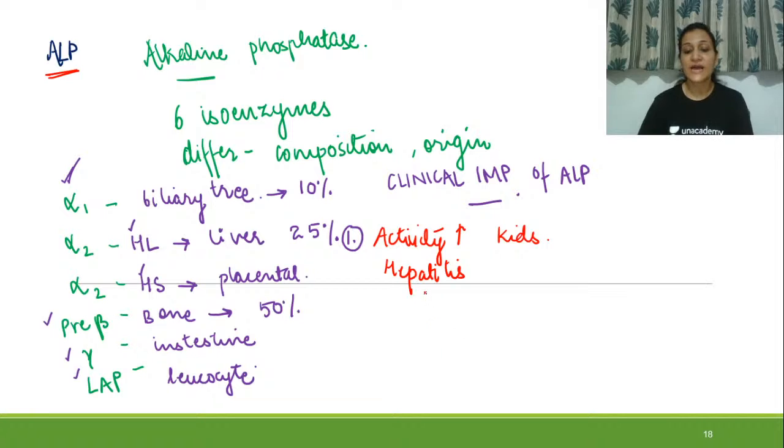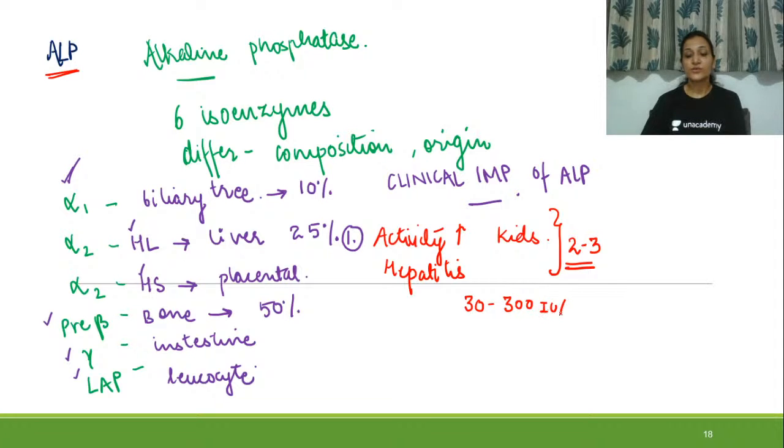Its activity is high in hepatitis. So the activity increases how many folds? 2 to 3 folds of the normal activity. And how much is present? It is 30 to 300 international units per liter.